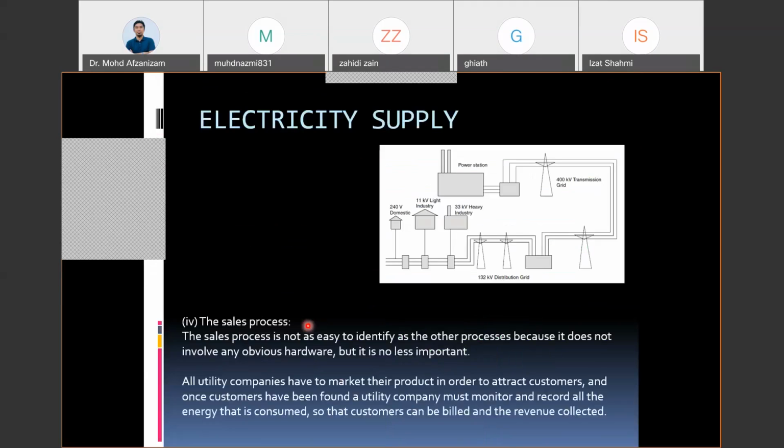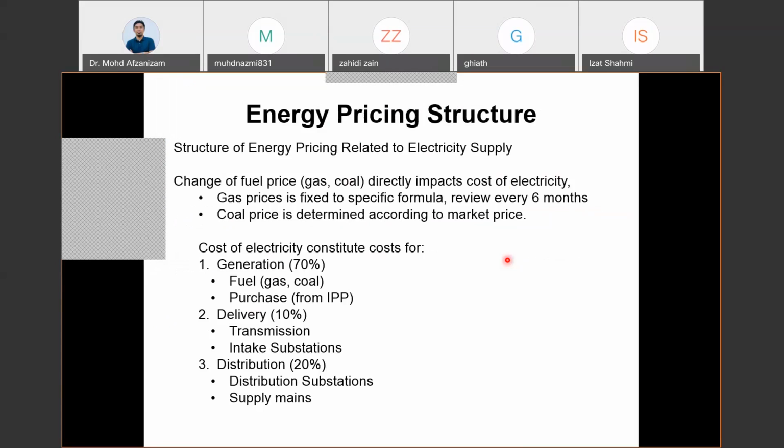Transmission means from the power station going to transmit. And then the distribution. Distribution is the segregation of the power to the user or public.